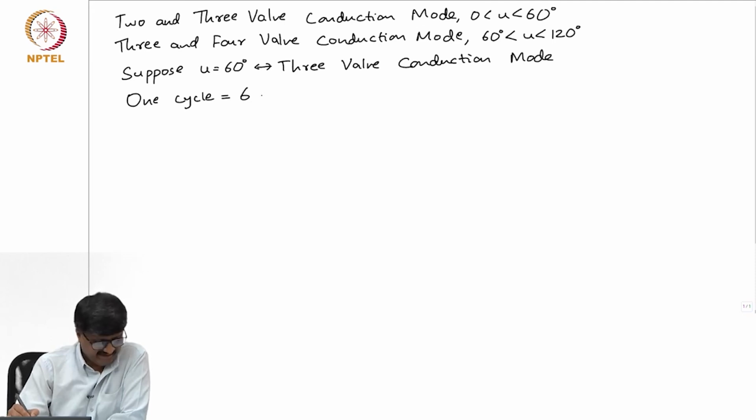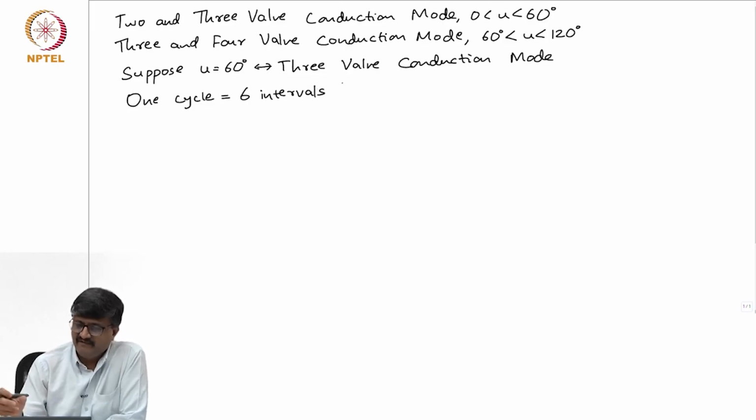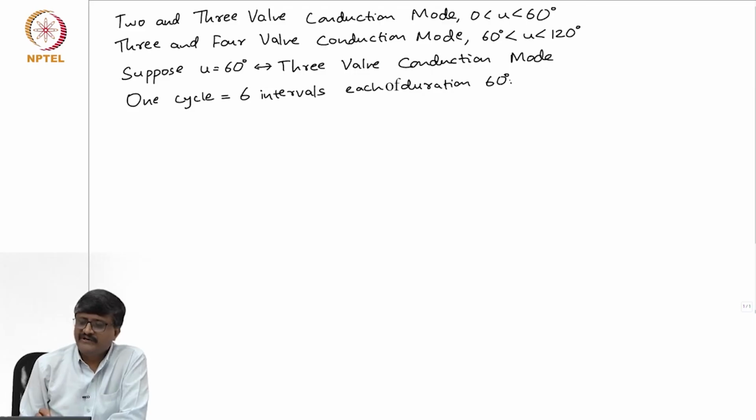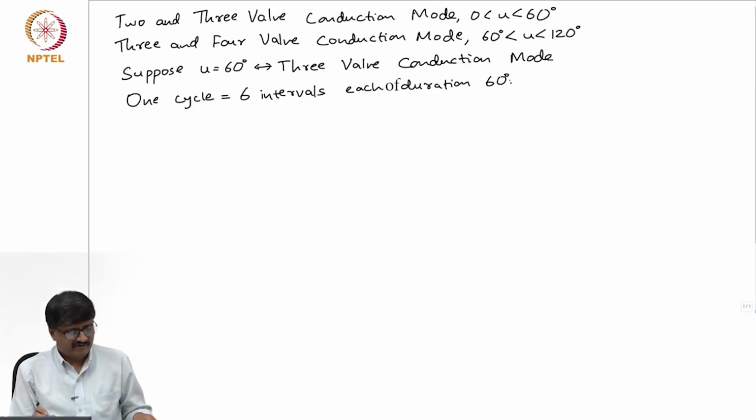The 6 intervals are identical in width, each of duration 60 degrees. So it's sufficient to consider one interval for the sake of steady state response. So let us consider one interval.